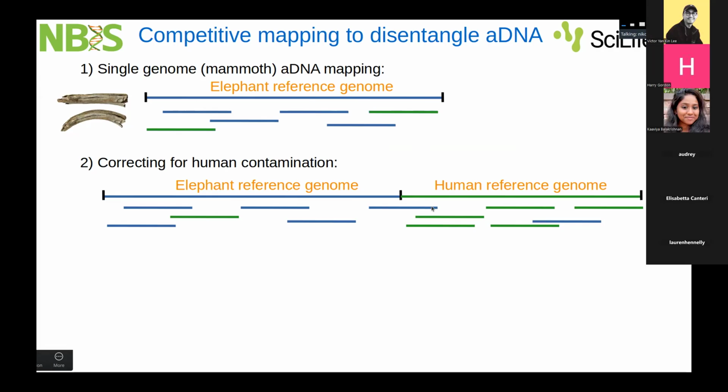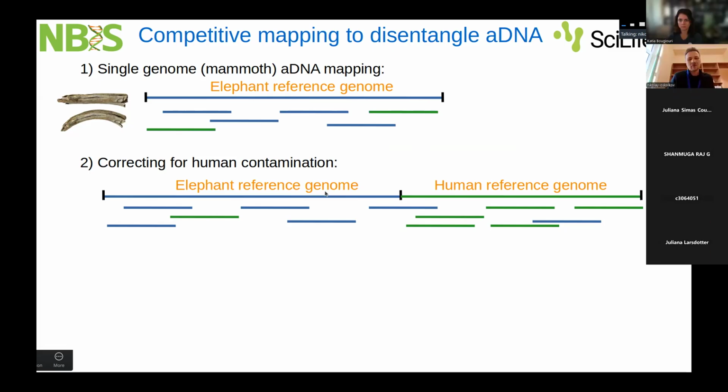You can never be sure that reads mapping with the same affinity to the human and elephant references are informative. Actually, they can be. So it's risky to keep them in the elephant reference alignments because they might be human and they can distort your downstream computational analysis.